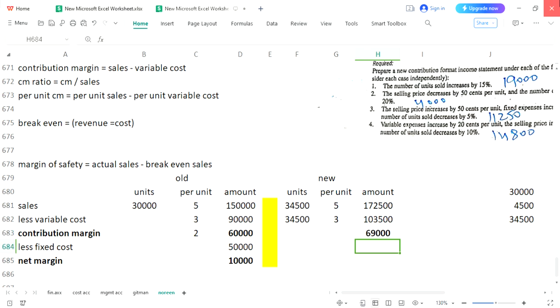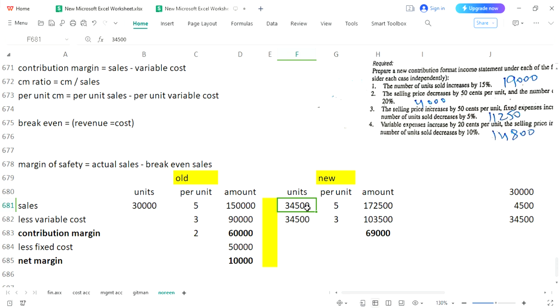Fixed cost, how much would it be increased? Let me know. Just compare old and new sales. You will come to know how much the difference would be. So again, I'm asking the question. 50,000 was the fixed cost when you were manufacturing 30,000 units, and now you are manufacturing 34,500.